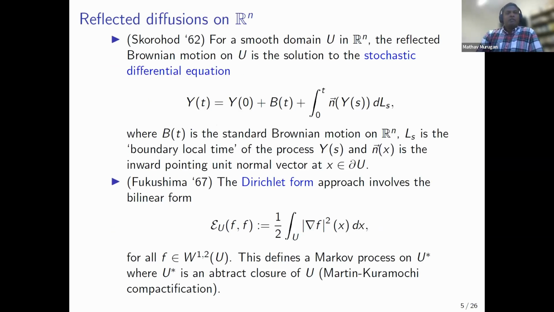The main observation here is that even in the smooth case, the heat semigroup that corresponds to the reflected diffusion is a symmetric or self-adjoint operator with respect to the Lebesgue measure, and therefore one can define a quadratic form that corresponds to the semigroup. And this quadratic form turns out to be this Dirichlet form.